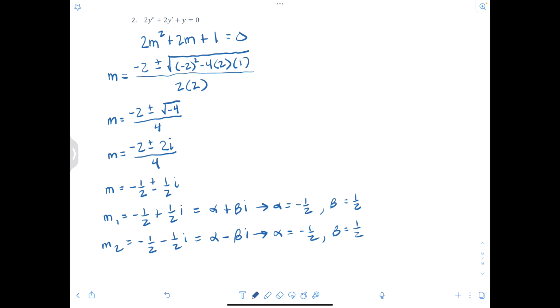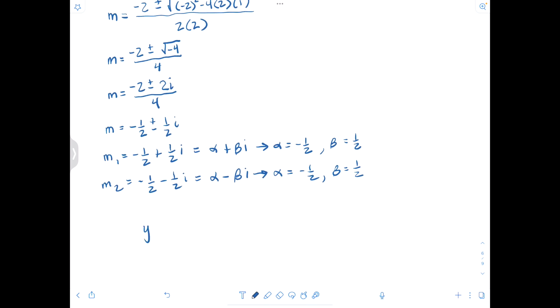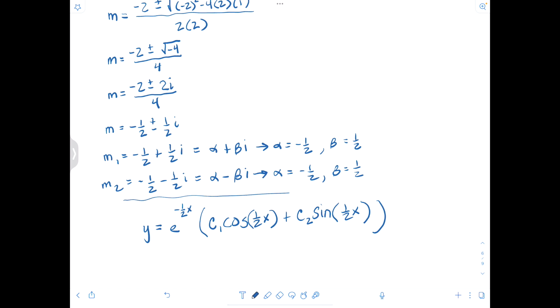So that means our general solution is y equals e to the alpha x, so negative 1/2 x, times c1 times cosine beta x, so 1/2 x, plus c2 times sine beta x, which would be 1/2 x. And we're done. Isn't that awesome?